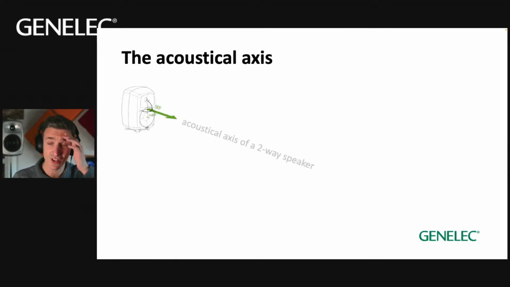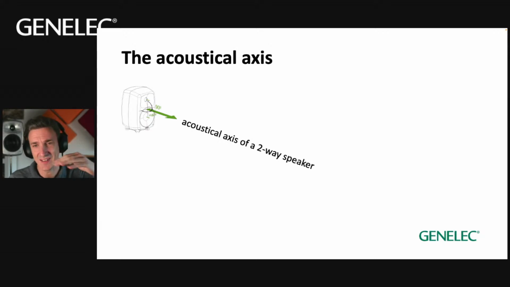What's also important is the so-called acoustical axis of the speaker. You just think about it as a line that shows you the direction where the speaker sums up correctly. So let's say you have a two-way system. It's a tweeter for the high frequencies, and you have the woofer, which of course also does lower mids and bass frequencies.